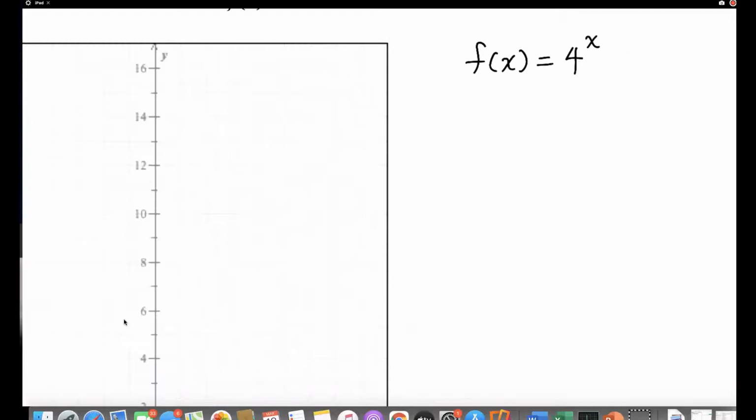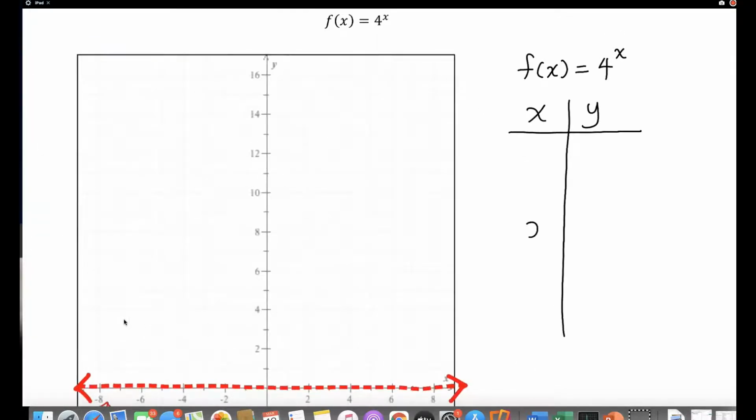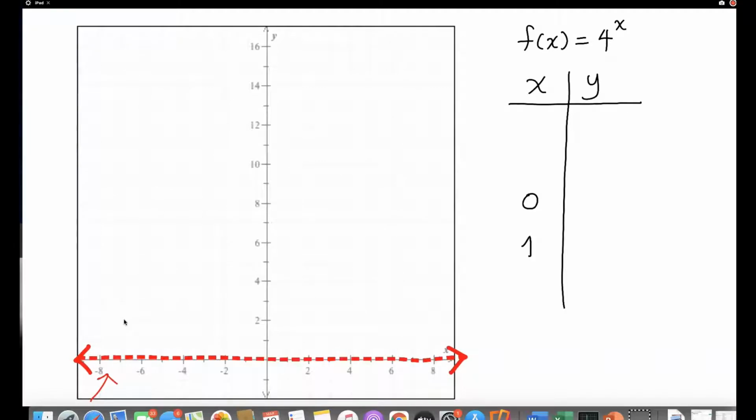It's always nice to have some positive and some negatives. So I will create 0, 1, and 2, and I will also do -1 and -2. I will evaluate these function values. Maybe I'll start with the one all the way in the bottom.